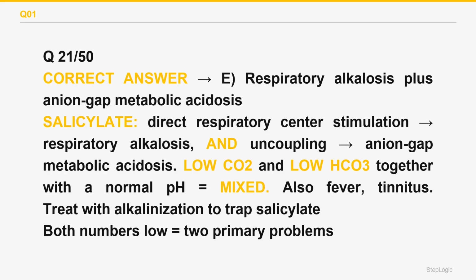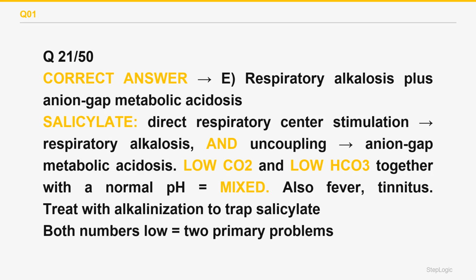The correct answer is E. The distinction from a compensated single disorder is the point, and it is testable. Compensation never fully normalizes the pH and never overshoots. When the pH is normal while both the respiratory and metabolic parameters are deranged in opposite directions, a mixed disorder is present by definition. Choice B fails a further check.